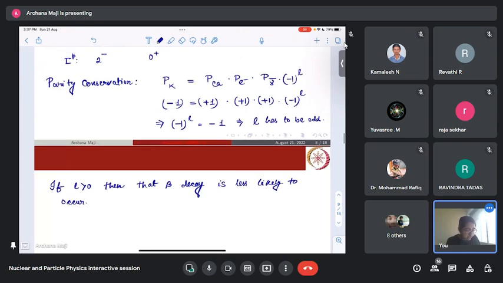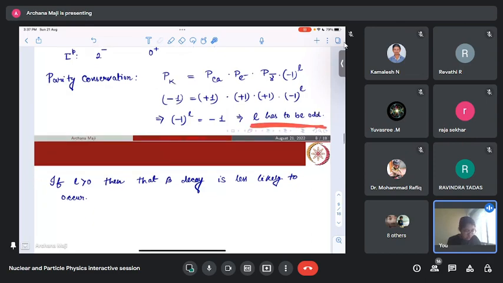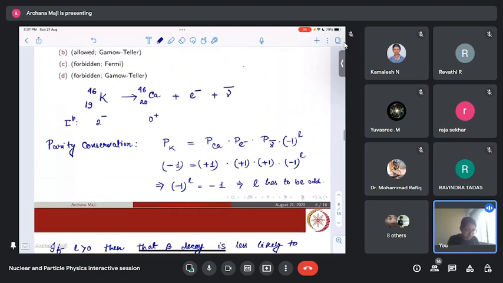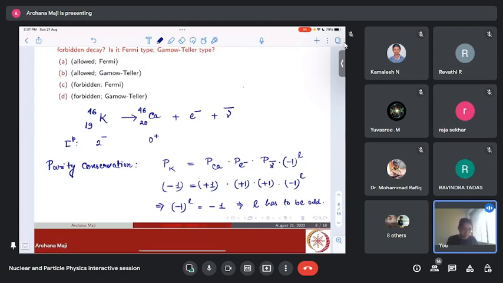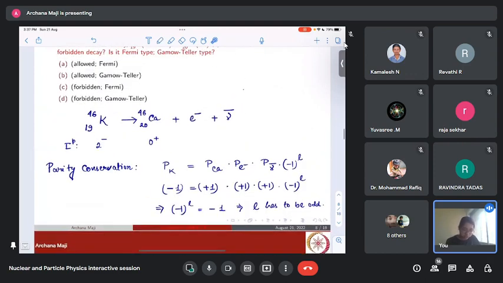But since L has to be odd here, L cannot be 0. So let us start with L equal to 1. Whether it is allowed or forbidden is already clear to us: since L cannot be 0, the decay is forbidden.